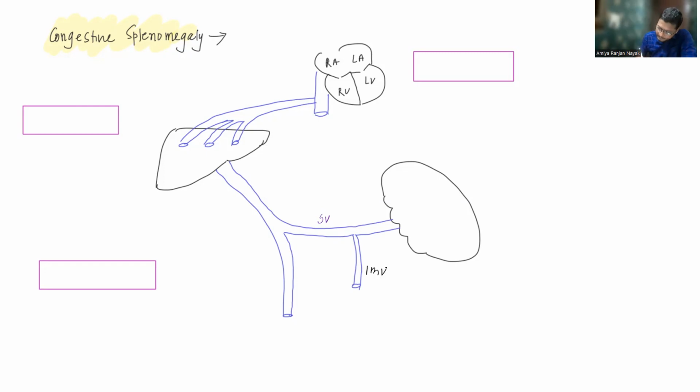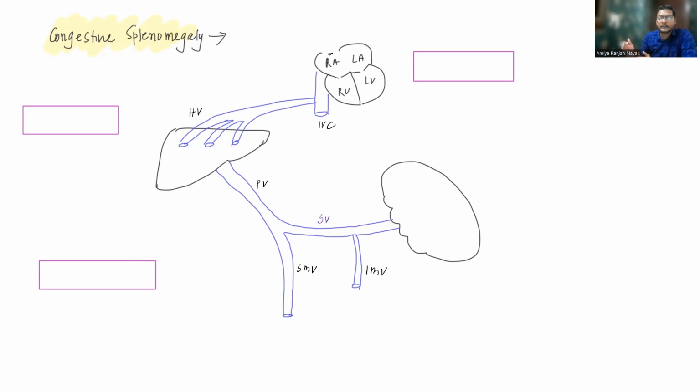Then the splenic vein will combine with the superior mesenteric vein to form the portal vein. The portal vein will go into the liver. From the liver, hepatic veins will come out, and the hepatic vein will join the inferior vena cava, which will ultimately drain into the right atrium of the heart. Okay, so this is the complete venous drainage of the spleen.